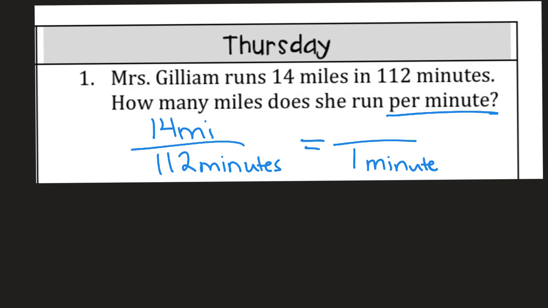Obviously I shouldn't be able to run a whole mile in a minute, so it's going to be less than a whole. To go from 112 minutes to 1 minute, we need to divide 14 by 112.